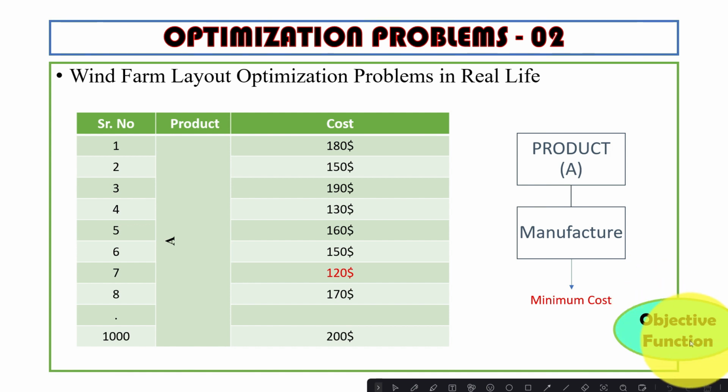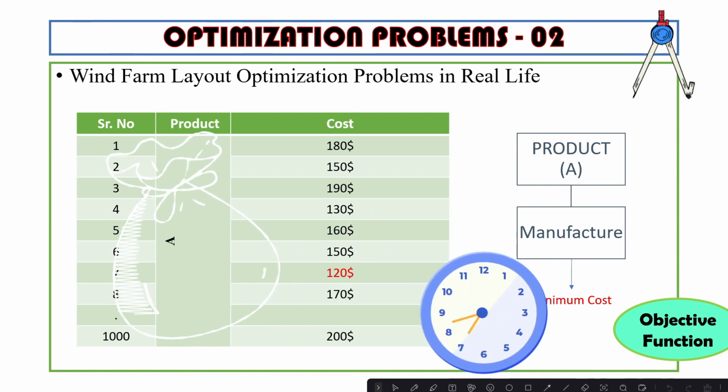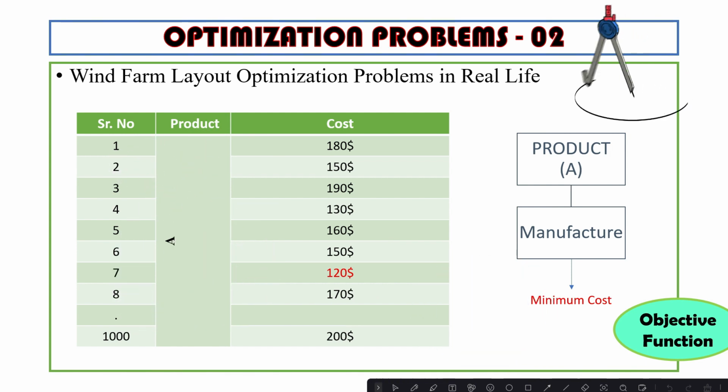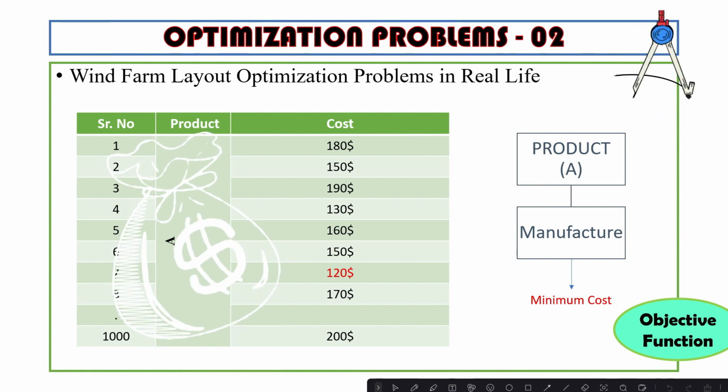Next, we have the objective function that we formulate to solve any optimization problem. The optimization objective is to select the best among all, and as we know, optimization's primary goal is to save time, money, and resources. Suppose we want to manufacture any product A at minimum cost.